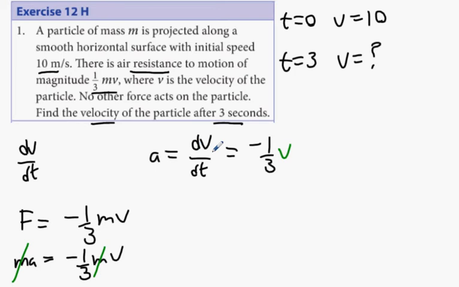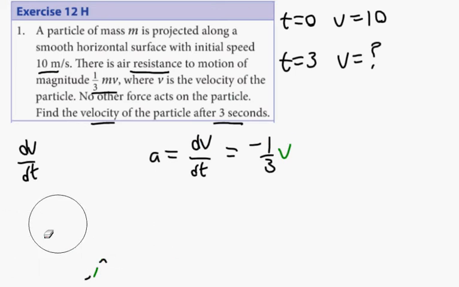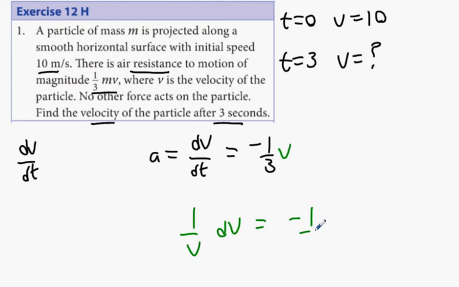So it's actually dv/dt equals minus 1/3 v. So here's what we're going to do starting off. We can do it two ways. We'll cross multiply the v downwards. 1 over v dv equals minus 1/3 dt. Integrate. Now, you can do it two ways.